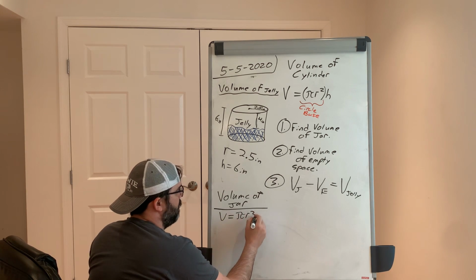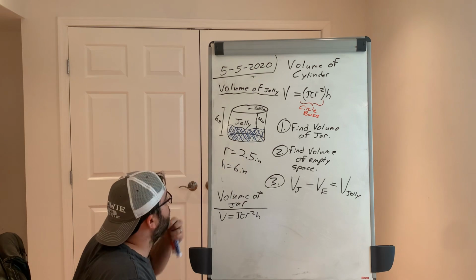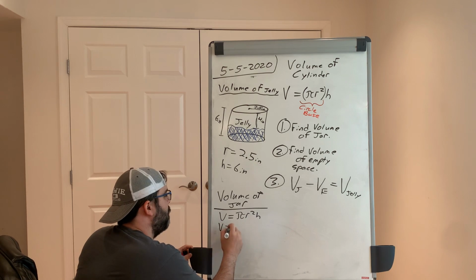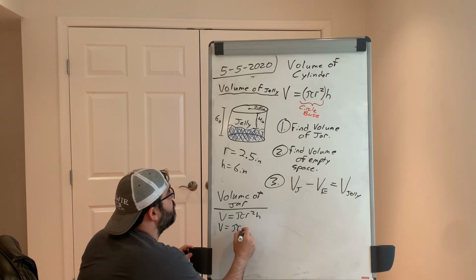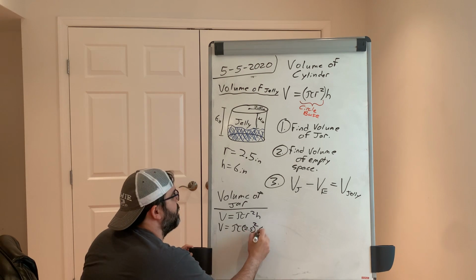Yep. Volume equals pi r squared height. Now the volume of the jar, we're ignoring all the inside stuff. We're just looking at the height of the jar and the radius of the jar. So volume equals pi times 2.5 squared times 6.